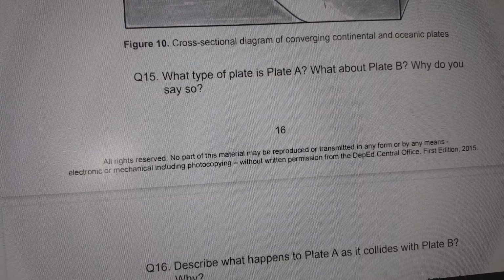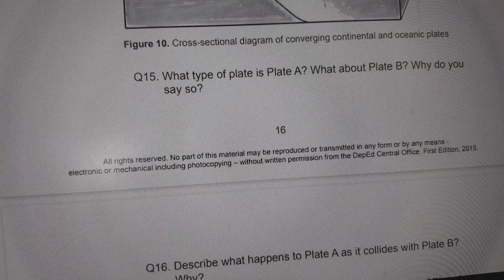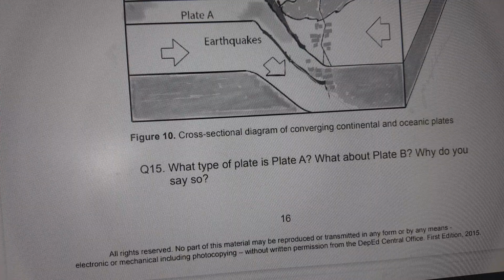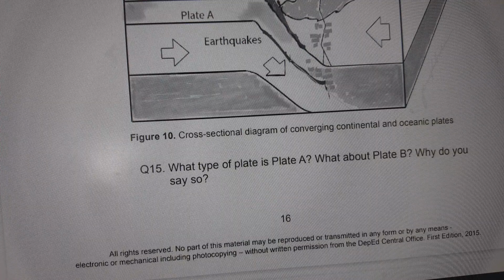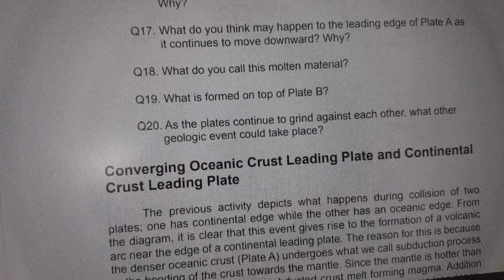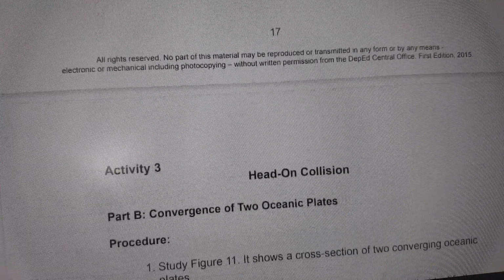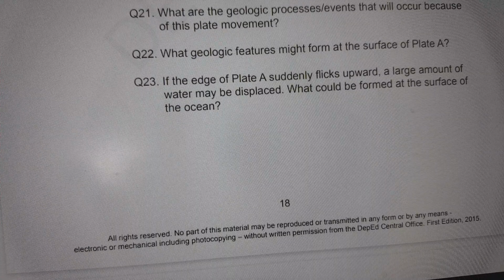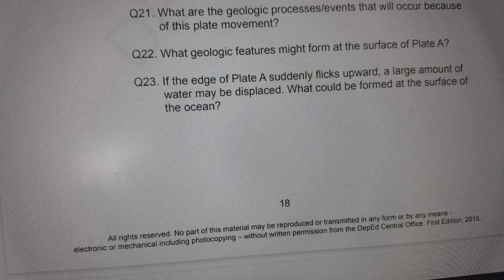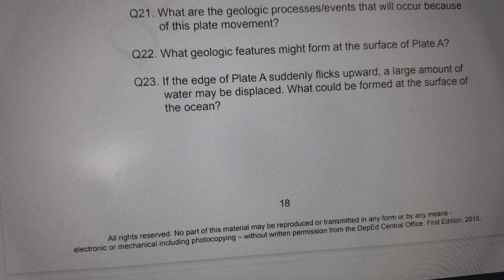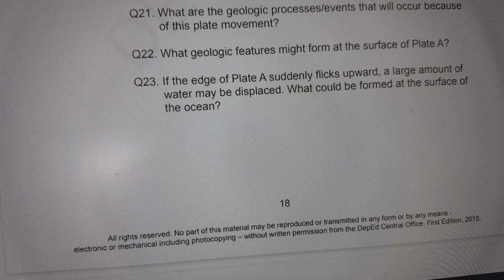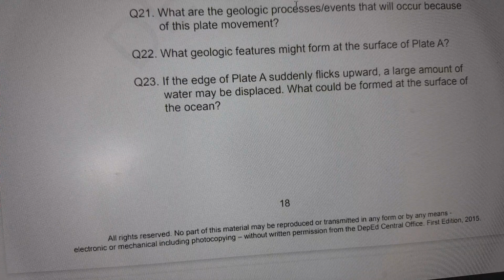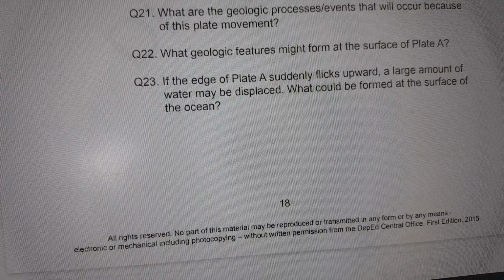Head-on collision, this will be additional knowledge for you. How the converging continental plate and oceanic plate move against each other. Head-on collision, it's like this. When the oceanic plate and the ocean plate come together, the water, the waves will move fast, and that's why you can see the high tide and the low tide.